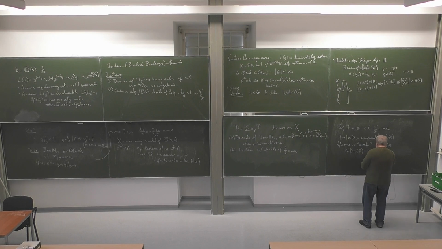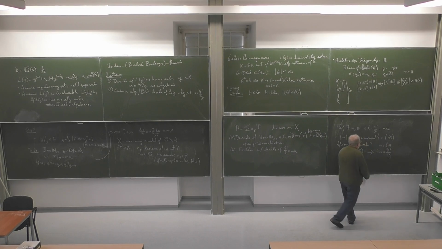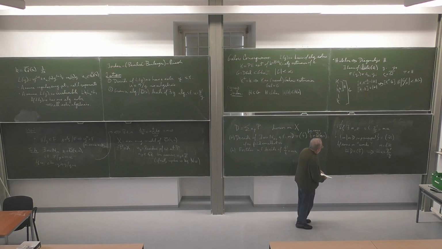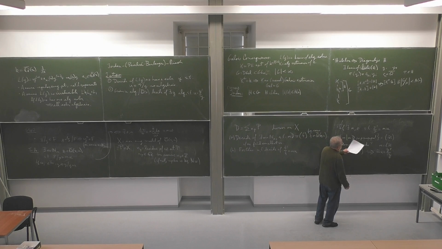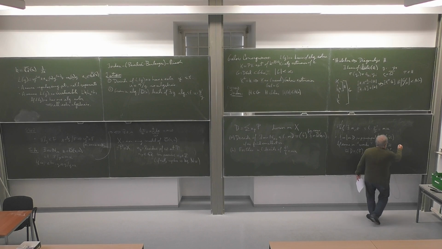You'll get that m tilde mu equals z tilde prime over z tilde. So if it works for some z, mu equals z prime over z.